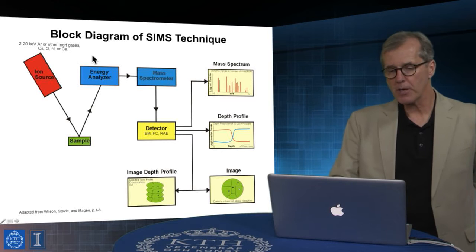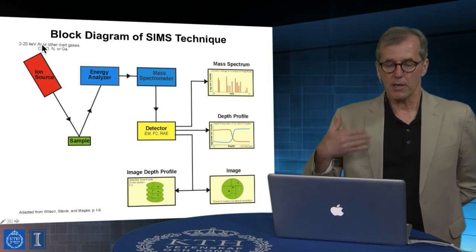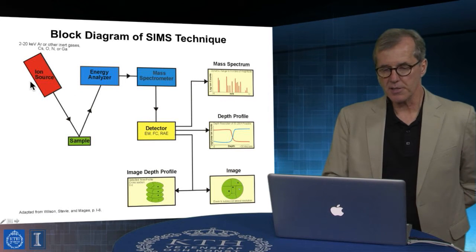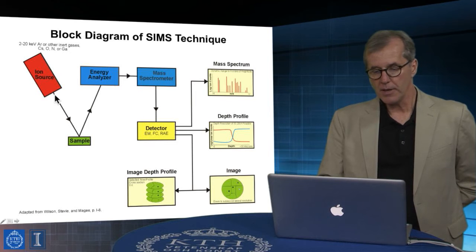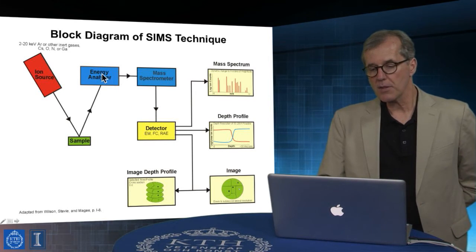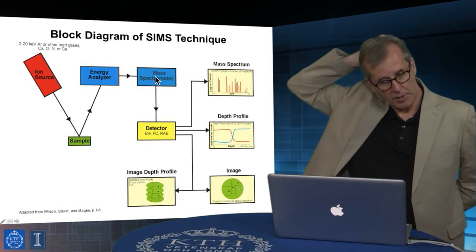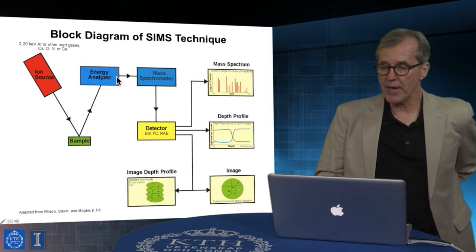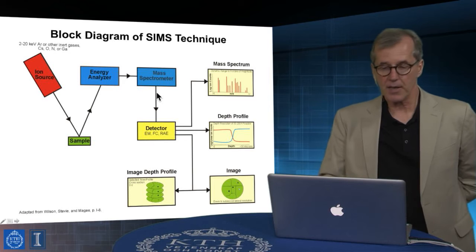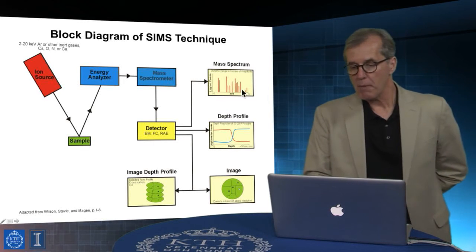Right, but typically, we would use, for example, an argon plus ion or a gallium plus ion as an ion source, and then we would impinge that on a sample, and then we have this really important part here, and that there would be a set of sectors that would allow us to both energy analyze and mass analyze the flux of stuff that comes from the sample, and then from that, we can acquire mass spectra.